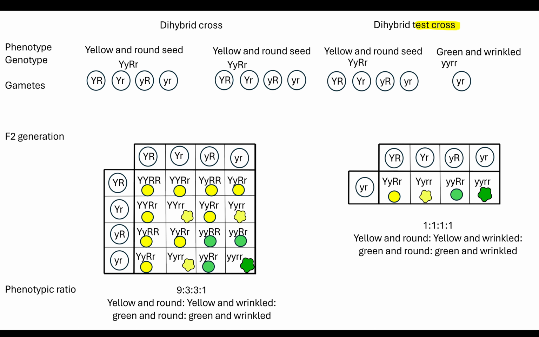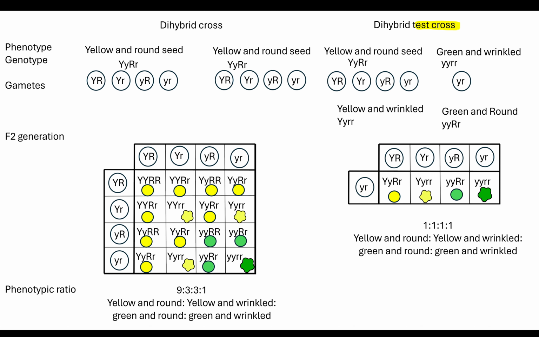Now, they love to throw you off in the exam slightly by giving you a random way of representing this test cross, where they could say to you that you have a yellow and wrinkled individual and you have a green and round individual. So if they were to cross a yellow and wrinkled seed plant and a green and round seed plant, you are still having heterozygous.